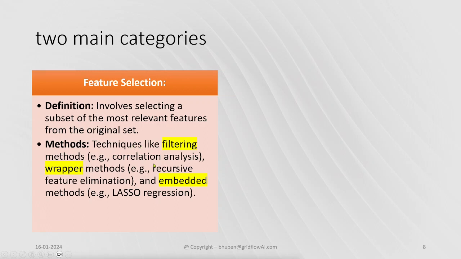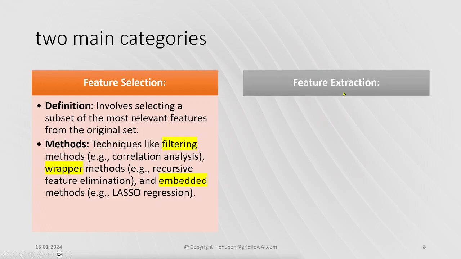And after the analysis, we may want to drop some of these columns. The methods that are used are filter methods, wrapper methods, and embedding methods. These are popular methods under feature selection. We'll be going through each of the three in significant detail.